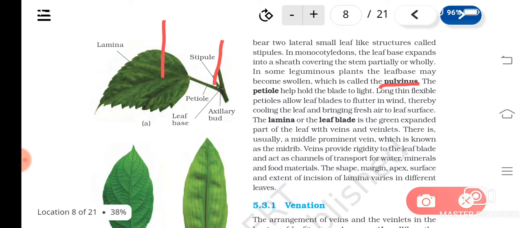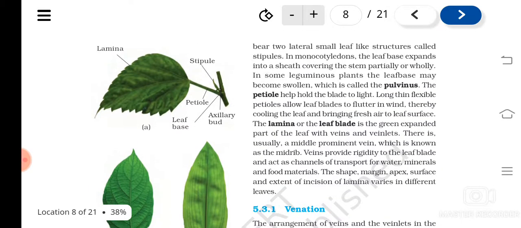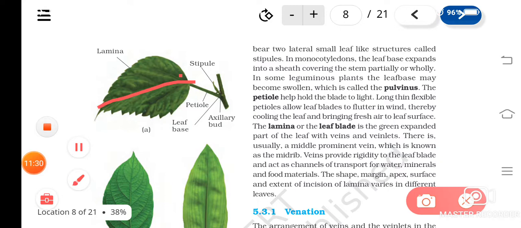I told you the green flat part, which is helpful in photosynthesis, is known as the leaf lamina, or leaf blade also we can call. Okay, and in the leaf you can see the main vein which runs in the middle, and that is known as the midrib, and many small veins are also found in the leaf.